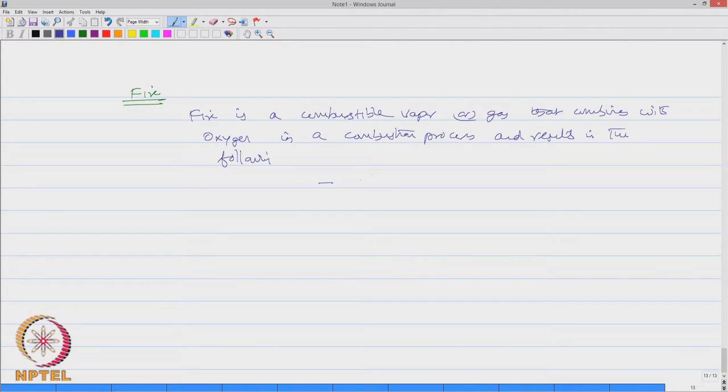It results in light, results in extensive heat, mostly it is exothermal, and flame.